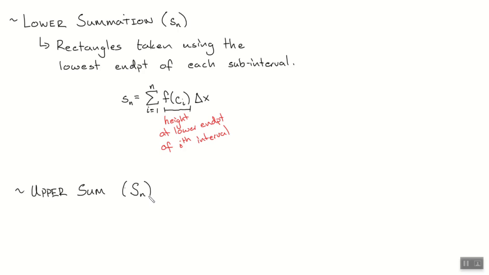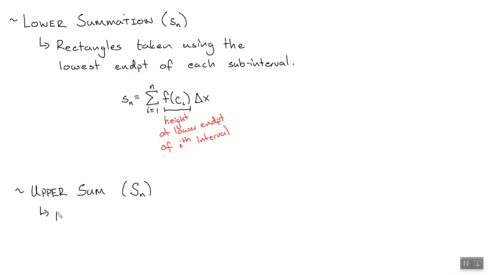Now, we'll make one other statement because there's one piece here that maybe is not clear. How would you define this? If the lower sum is a rectangle taken using the lowest endpoint of each subinterval, what's your thought here, Sean?